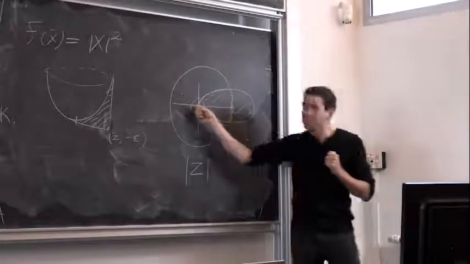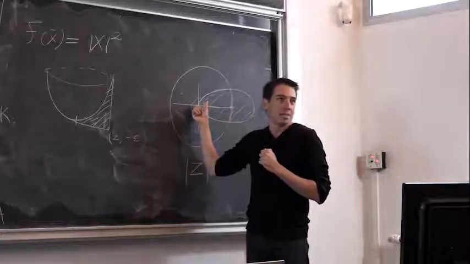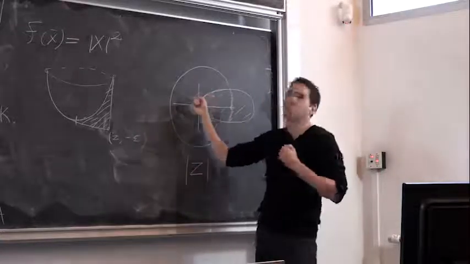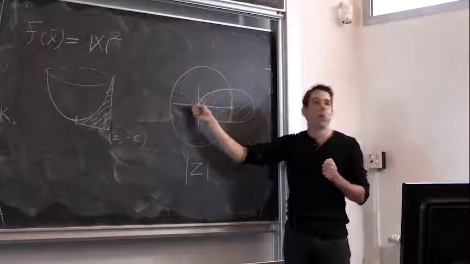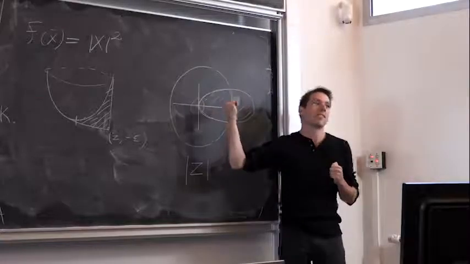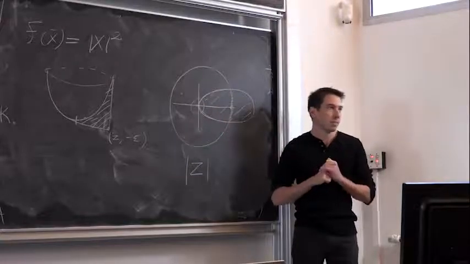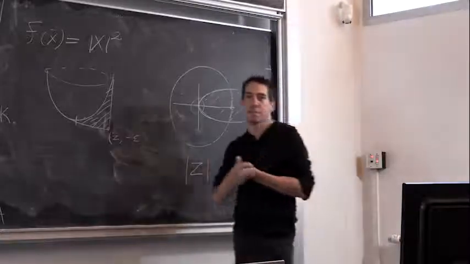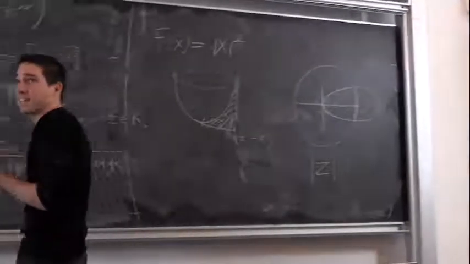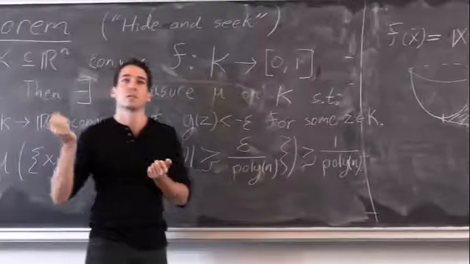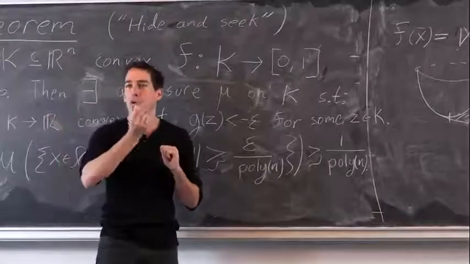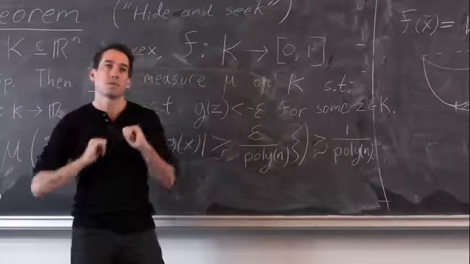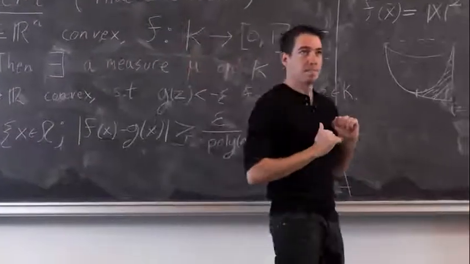So if I look close to the origin, I have a much bigger probability to actually know which direction z is pointed. So this already gives us some intuition that probably you need to explore near the minimum of f. This is where the two are probably going to differ.